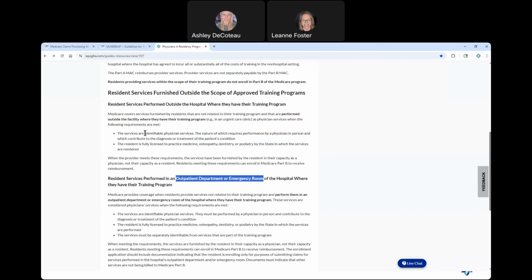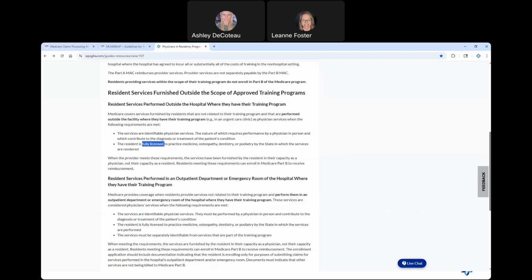So they must be identifiable physician services, meaning these services must be medically necessary for the diagnosis or treatment of that patient's condition. The resident also has to be fully licensed in the state where the services are provided. Now, the key difference I'll point out here is in the third bullet under services that are performed at the facility where they have their training program.